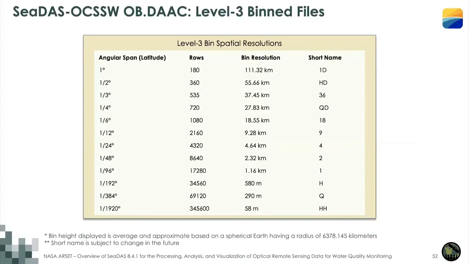That's just how it divides out into the world. So that's your resolution, and you don't want to be thrown off. When you see we release 9-kilometer and 4-kilometer data, that's actually 9.28 kilometer and 4.64 kilometer data.